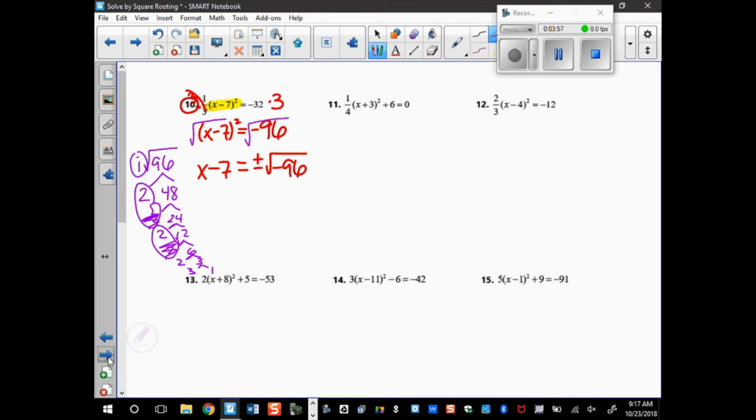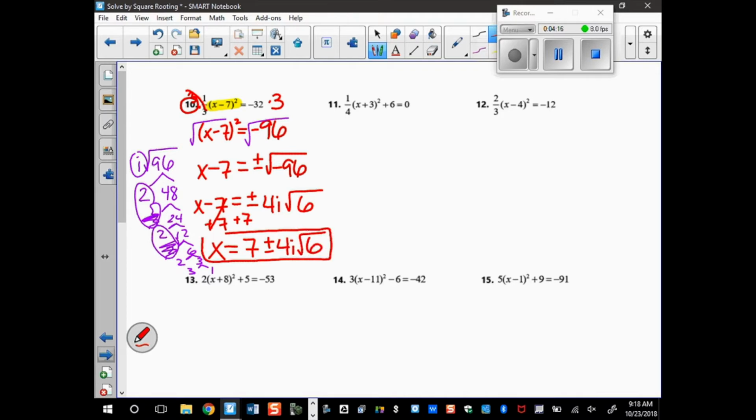So right now I have x minus 7 equals plus or minus 4i square root of 6. Last step is to move the 7. So I have x equals 7 plus or minus 4i root 6 as my final answer.